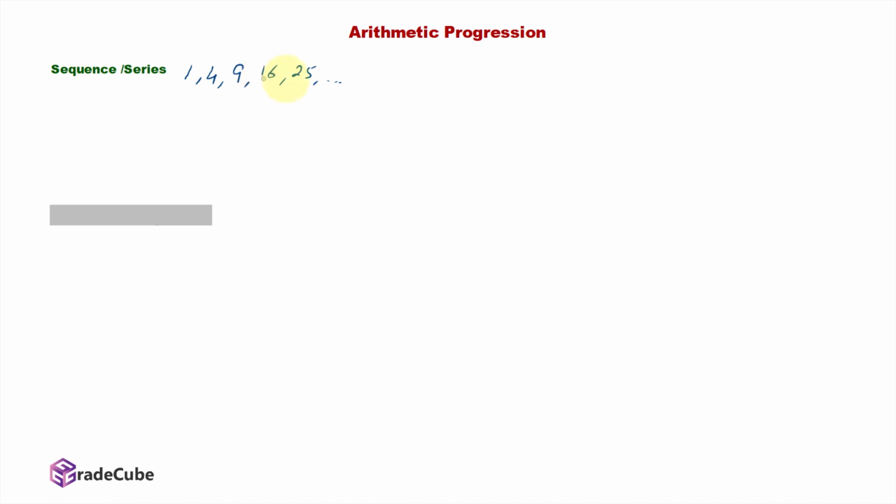If I write this sequence in other words like 1 square, 2 square, you can see 1 square is equal to 1 and 2 square is equal to 4. Similarly, 9 can be written as 3 square, 16 can be written as 4 square, and similarly, 25 can be written as 5 square.